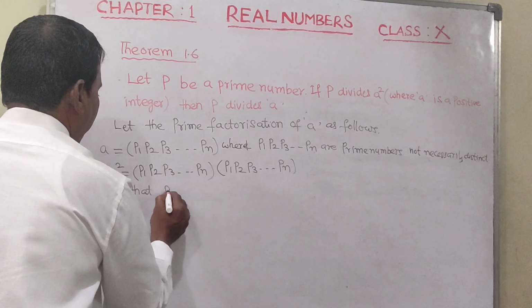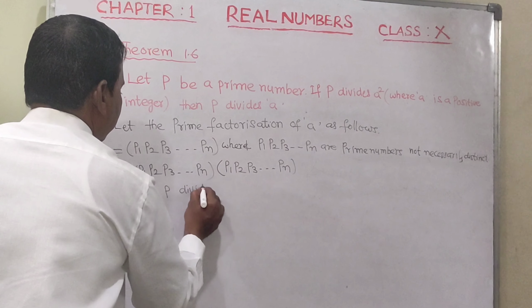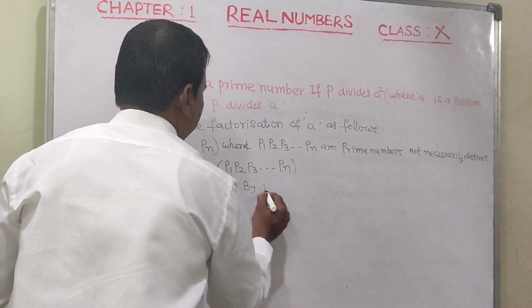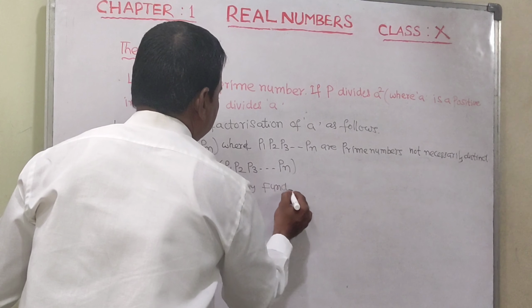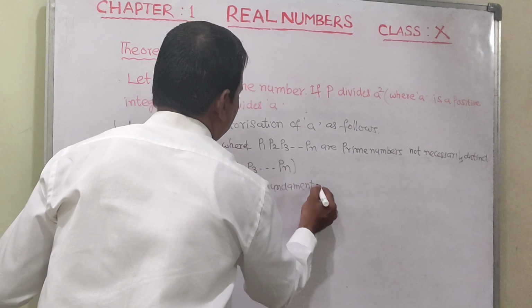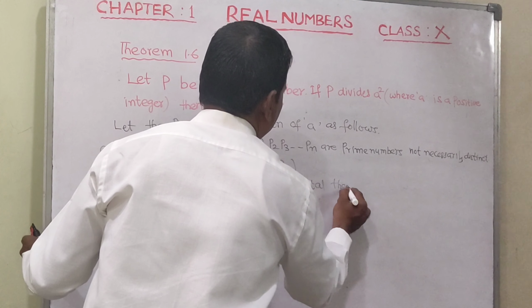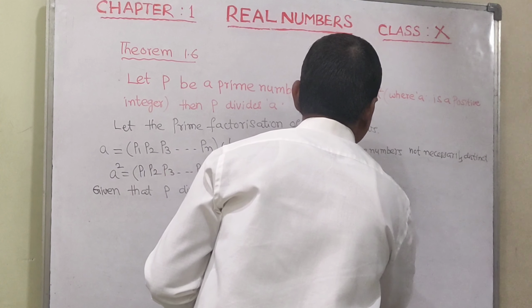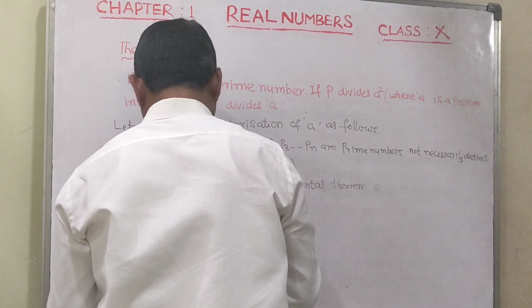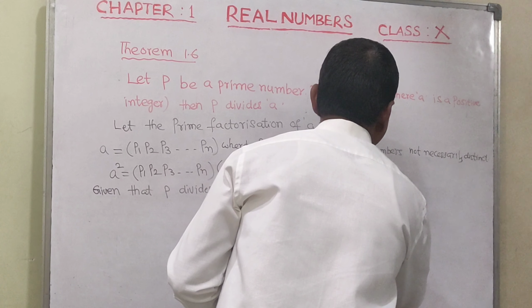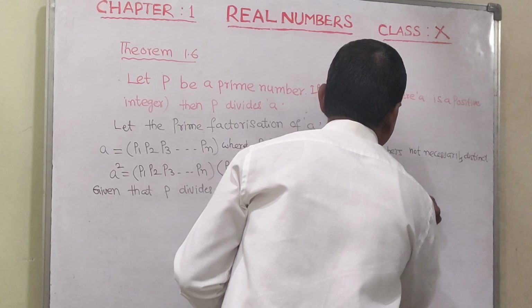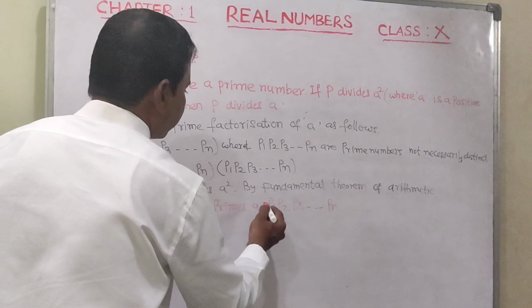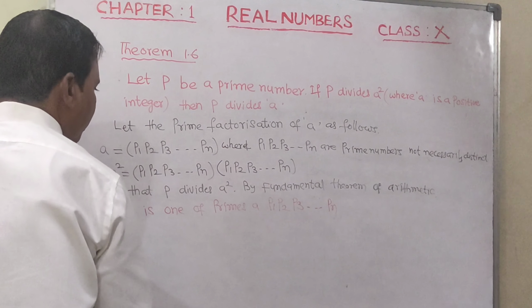Now, by the fundamental theorem of arithmetic, p is one of the primes of p1, p2, p3, up to pn.